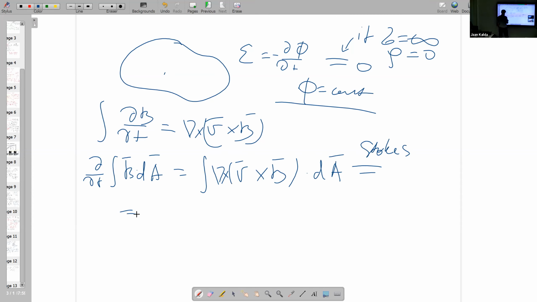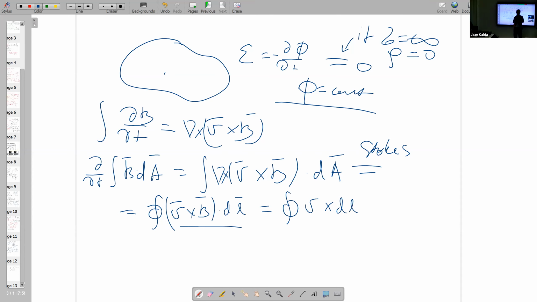So due to Stokes, this is going to be the contour integral of V cross B dot dl. But now we have a mixed product here. We can change two vectors if we assign the opposite sign. Let us rewrite it now, swapping B and dl. So this now is going to be the integral of v cross dl dot B.